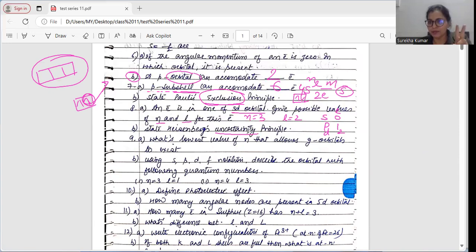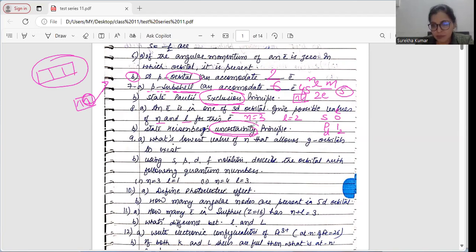Position and momentum. एक साथ measure नहीं कर सकते इलेक्ट्रॉन के। अगर एक एक्यूरेसी से आ गई तो दूसरी इनएक्यूरेट हो जाएगी। इसे बोलते हैं अनसर्टेनिटी। किसमें अनसर्टेनिटी है? मेजरमेंट में। किसकी मेजरमेंट में? इलेक्ट्रॉन की पोजीशन और मोमेंटम की मेजरमेंट में अनसर्टेनिटी है। Whenever this question is in your exam, just concentrate on the word uncertainty. फिर यहां से दिमाग लगाओ कि अनसर्टेन क्या था? इलेक्ट्रॉन की पोजीशन और मोमेंटम को एक साथ मेजर नहीं कर सकते, वो अनसर्टेन है.